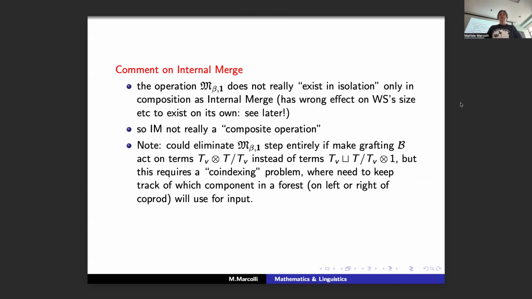Well, one reason is this: if I want to merge something that's on the left side and the right side of the coproduct, now I have a forest, my workspace, for which I'm taking out all the accessible terms. Usually I expect to have a lot of other things on the two sides of the coproduct, because there's usually a lot of other stuff in the workspace which I'm not using at that particular step of my computation.